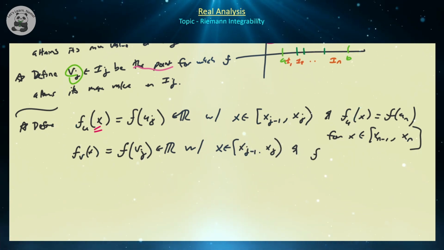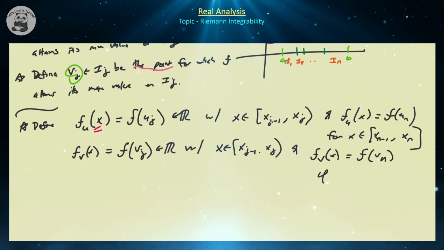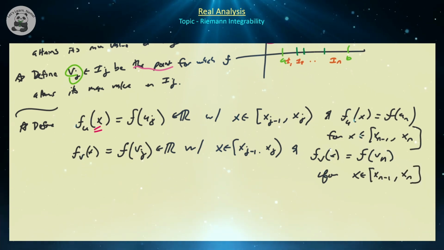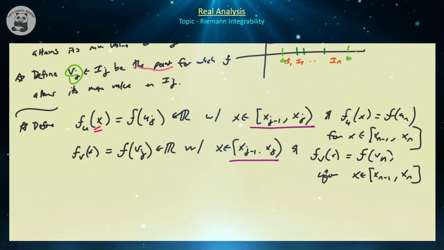And let's define f_v(x) to be equal to f(v_m) for x belonging to the interval [x_{m-1}, x_m]. The only reason that we need this two-part definition of f_u and f_v is because I'm defining my left side intervals to be half open, which means we're going to be missing my value on the right-hand side, and we need that to partition my entire world, right?